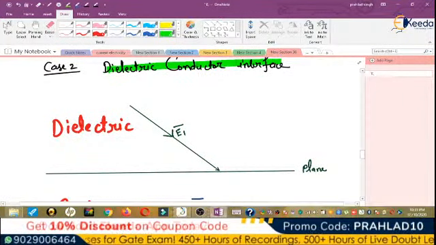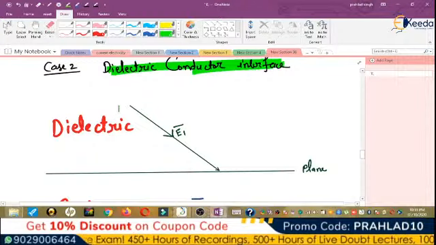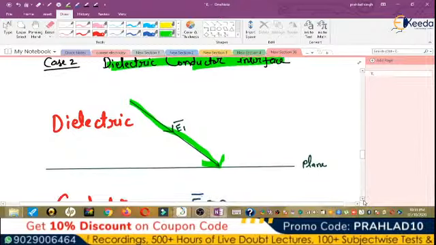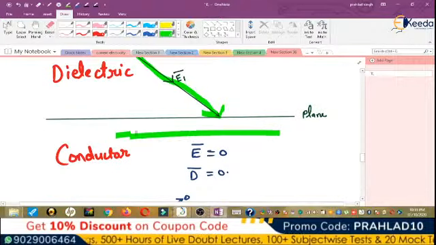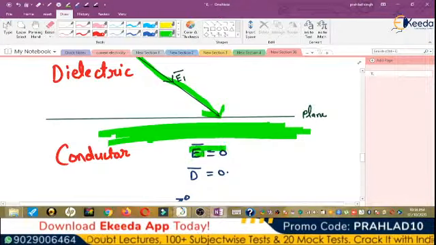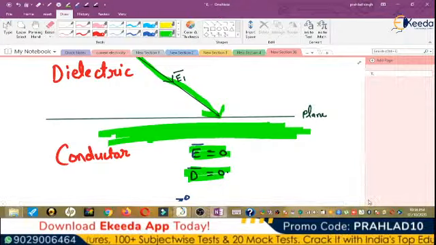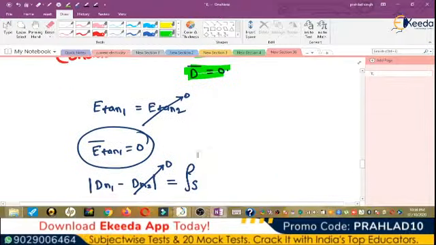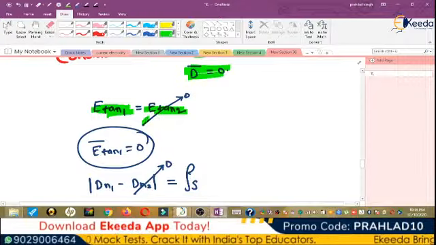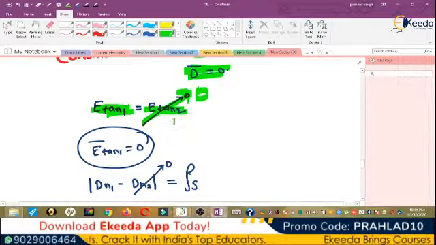Now we are observing a dielectric-conductor interface. So this is the electric field which is incident on the conducting medium. This complete medium is a conductor. Conductor has electric field and flux density both equal to 0. So we have this boundary condition, Etan1 is equal to Etan2, but Etan2 will be equal to 0 because there is a conductor.